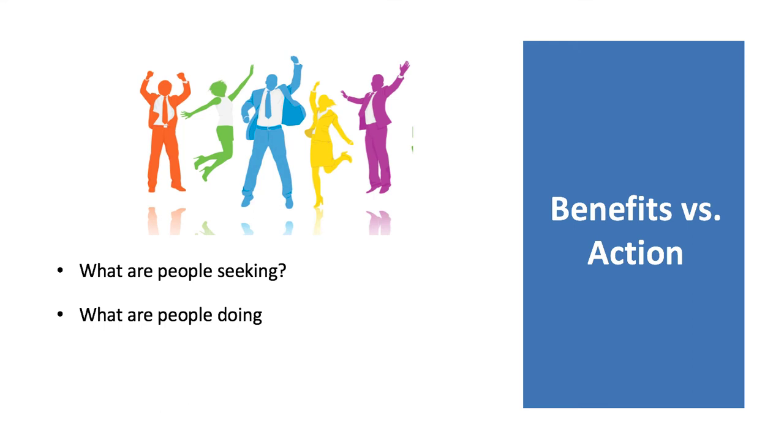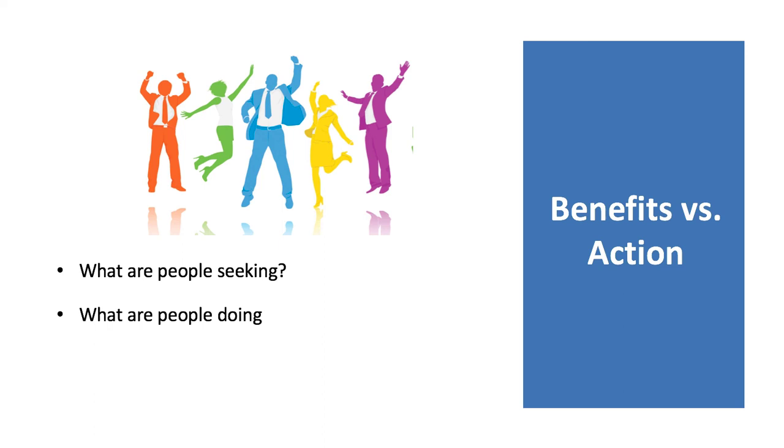Let's reflect for a moment on benefits versus action. In benefits, we look at what people are actually seeking. Safety, prestige, economy, durability, health, fashion, admiration, love, fulfillment, pleasure, attractiveness, wealth, information, intelligence, education, power, and on and on and on.